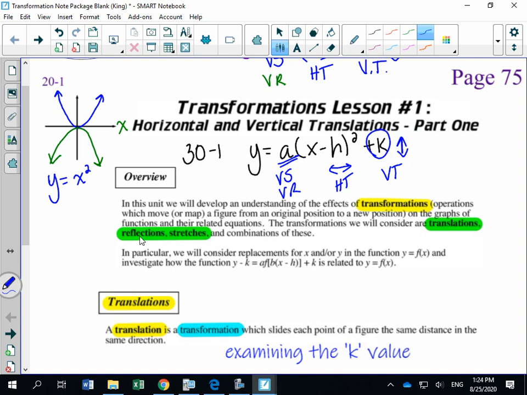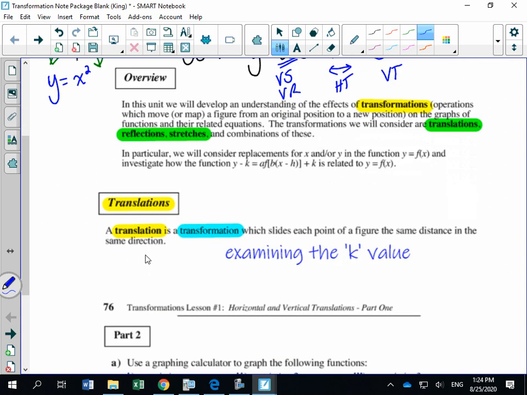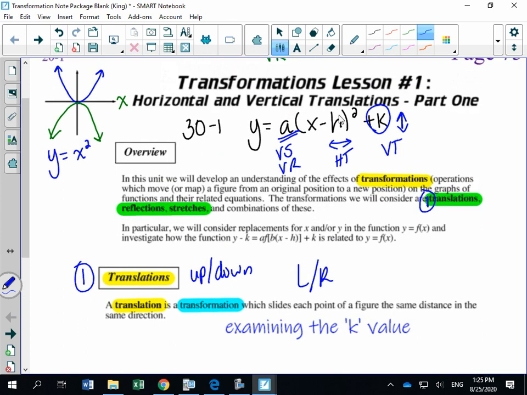Let's do the first transformation, which is called a translation. Translations are our up-down or left-right moves, and they involve my h value and my k value.